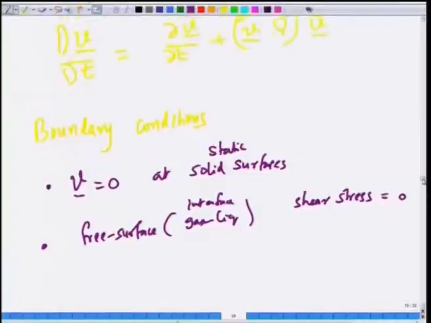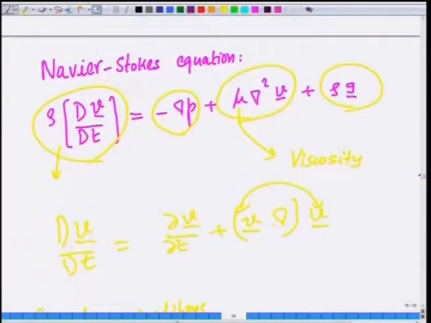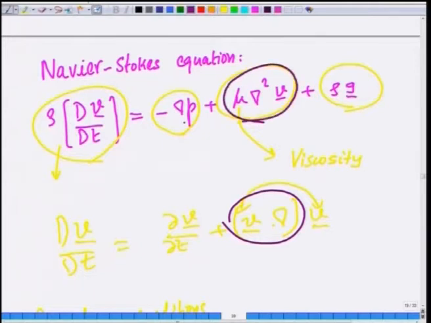The other thing that has to be kept in mind while solving the Navier-Stokes equations is that only in Cartesian coordinates will the various terms become very simple. I have told you many times that the form of these operators, the gradient, divergence or Laplacian, are very different in different coordinate systems.